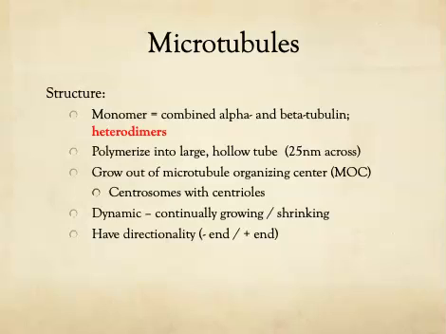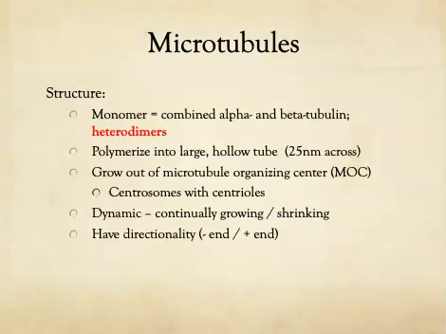A heterodimer is simply a dimer that is made out of two different subunits that have come together. So the heterodimer in a microtubule is made out of alpha and beta tubulin, two forms of this protein called tubulin. They come together and they work as a heterodimer. They work as the subunit or the monomer unit to build one of these microtubules.